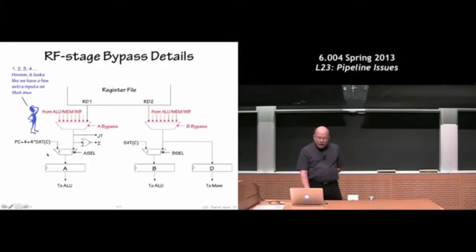All of these things operate on, quote, the value of the register. This mux is selecting the correct register value, either from the register file or from downstream pipeline stages. And so this wire coming out of the bypass mux is, quote, the correct register contents.